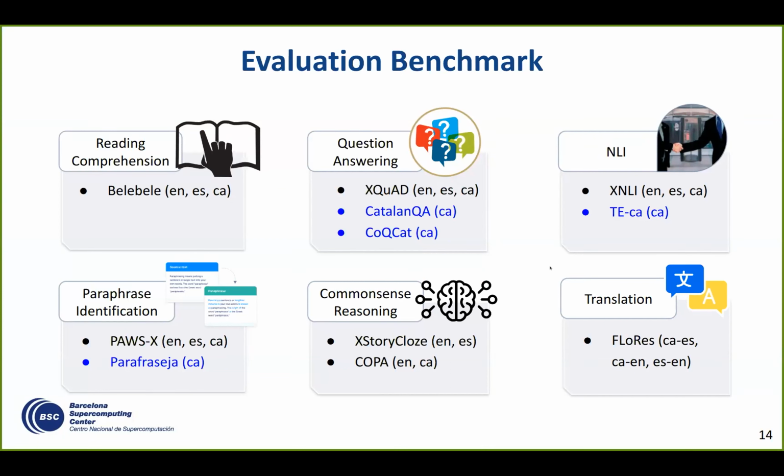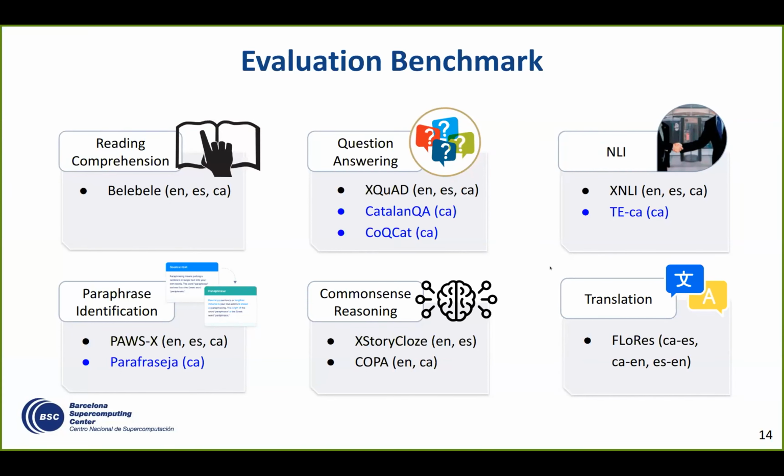To evaluate the strategies, we created a new evaluation benchmark, which we saw is a necessary effort for many mid-resource languages. We designed this benchmark to cover several evaluation areas. Here we have reading comprehension, question answering, natural language inference, paraphrase identification, common sense reasoning, and translation. Our priority was to evaluate in Catalan, but we were, of course, also interested in Spanish and English.